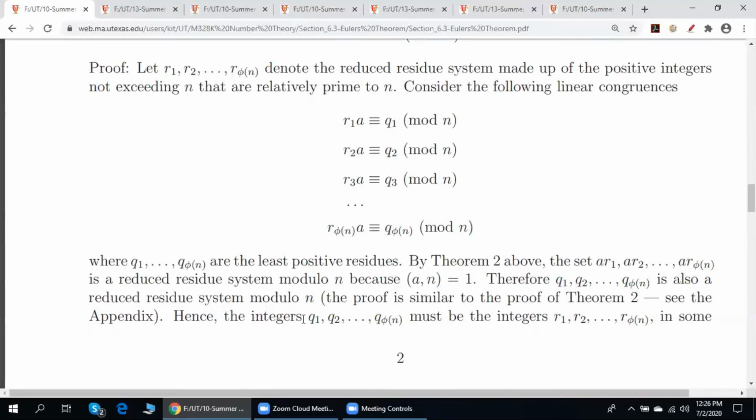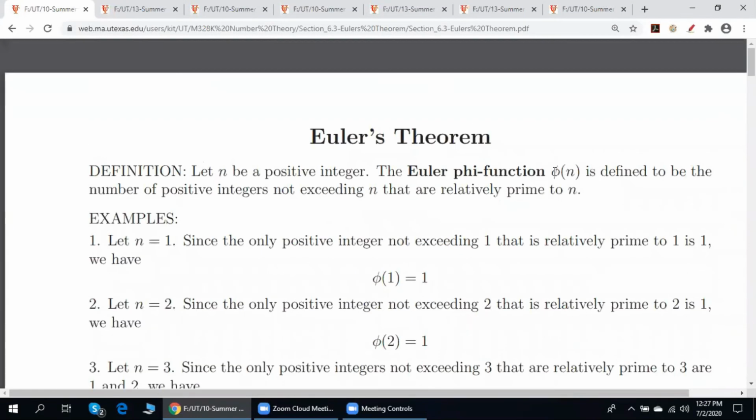But now, note that in both sets, we have the same number of elements, phi of n. Remember, phi of n numbers are all positive integers, not exceeding n that are relatively prime to n.